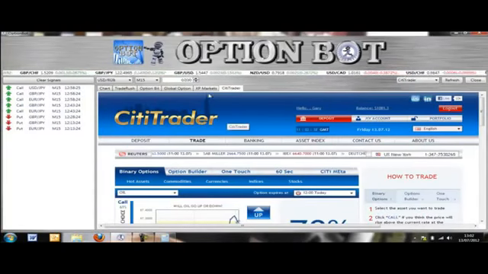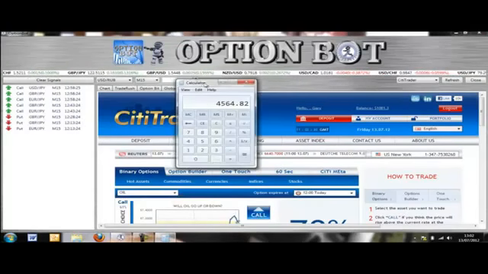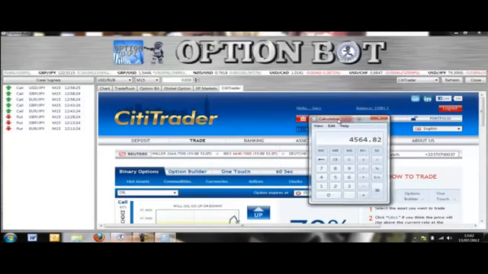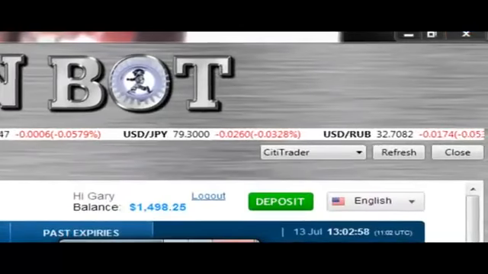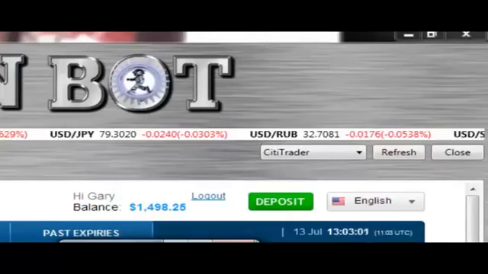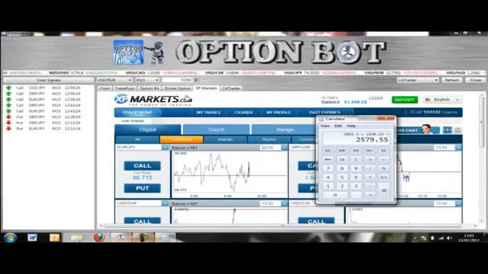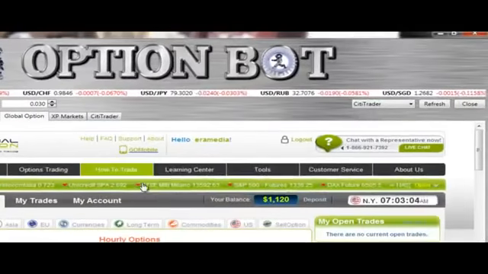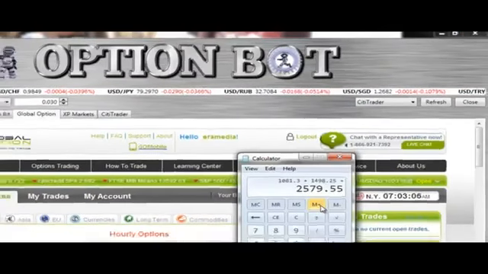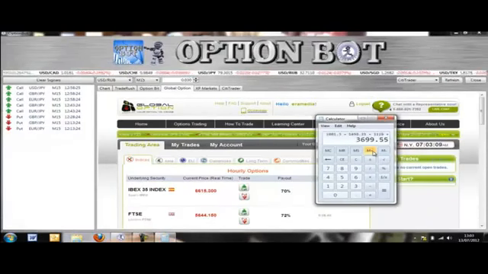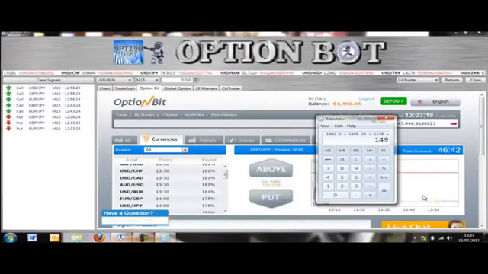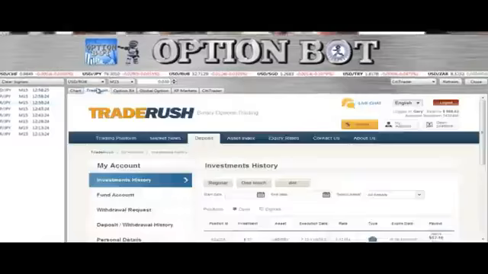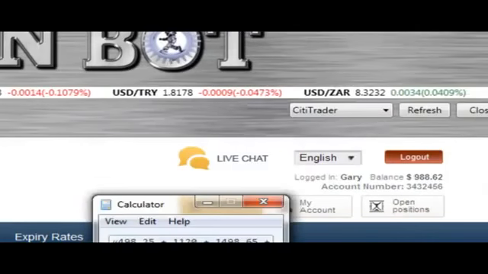So I'll bring up the desktop calculator. We started off with a cumulative balance of $4,564.82 as you can see here. So it's $1,081.30 with CityTrader, $1,498.25 with XP Markets, $1,120 with Global Option, $1,498.65 with Optionbot, and finally, $988.62 with TradeRush.